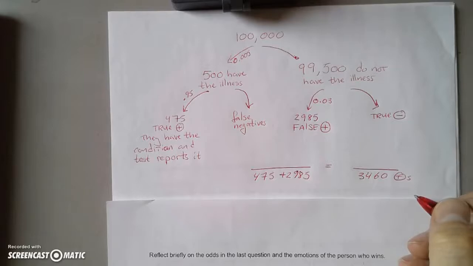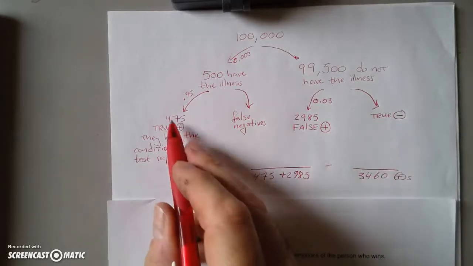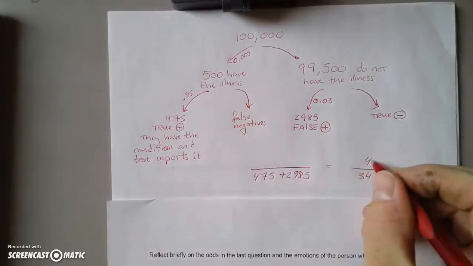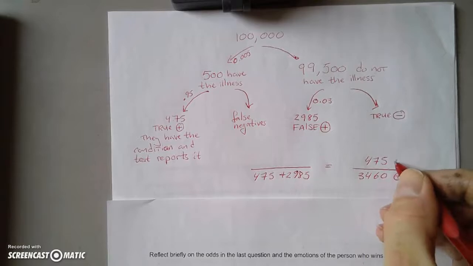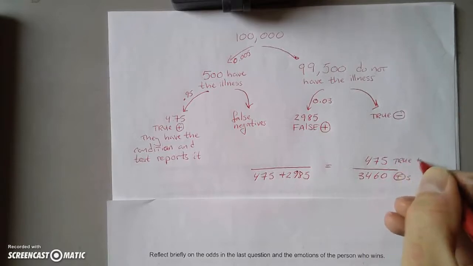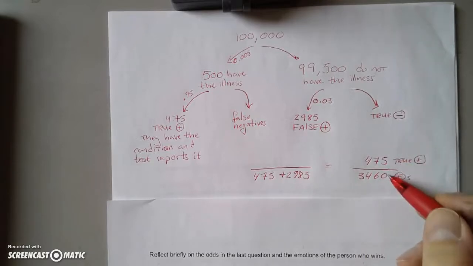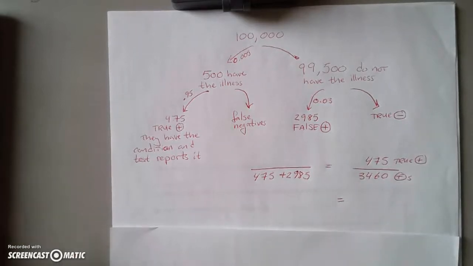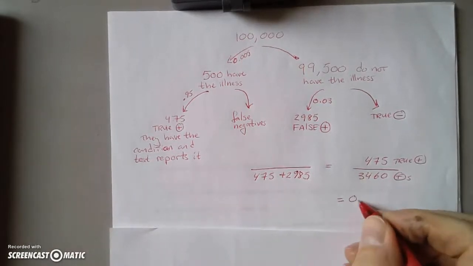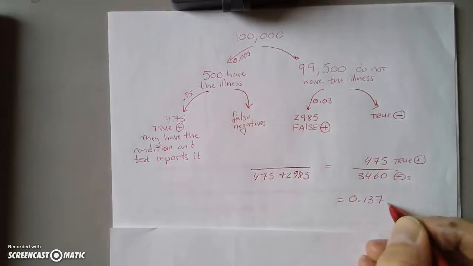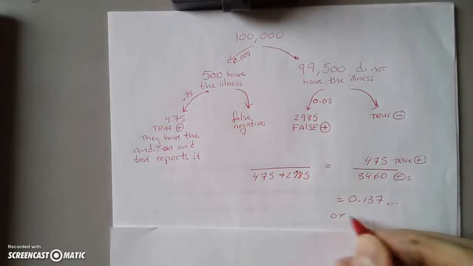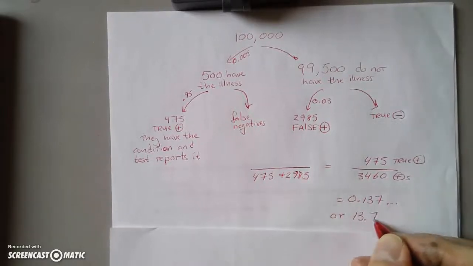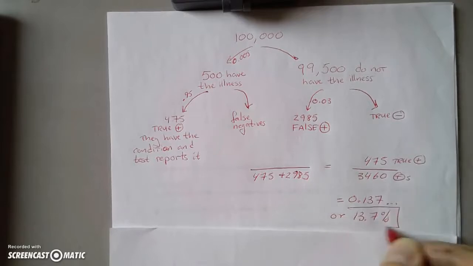Now, what are the odds that your positive is amongst the true positives? Well, 475 of those are true positives. The vast minority. If you calculate that, 475 divided by the answer, you'll get 0.137, etc., or about 13.7%. So not very likely.